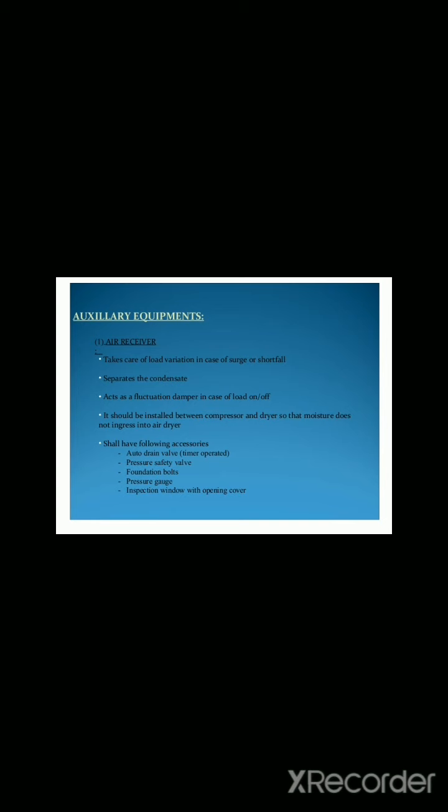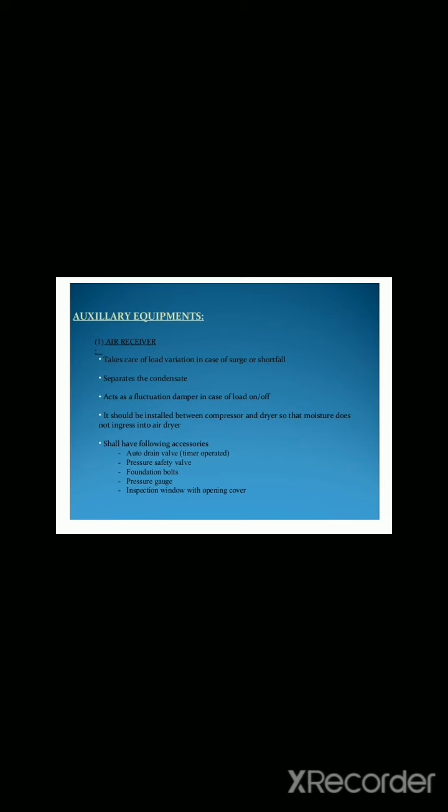First one is air receiver, which takes care of load variation in case of surge or shortfall, separates the condensate, and acts as a fluctuation damper in case of load on or off. It should be installed between compressors and dryer so that moisture does not ingress into the air dryer.